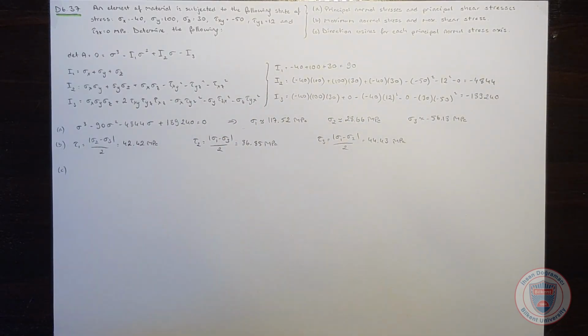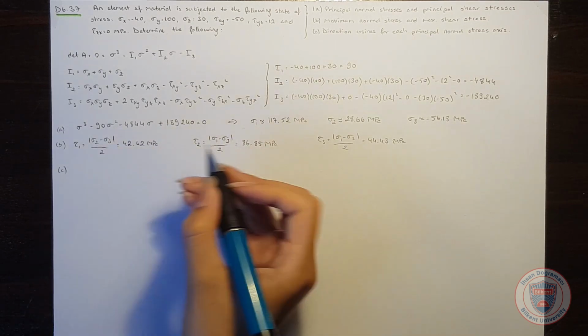Now our goal is to find the direction cosines for each principal normal stress axis. Let's start with sigma 1.